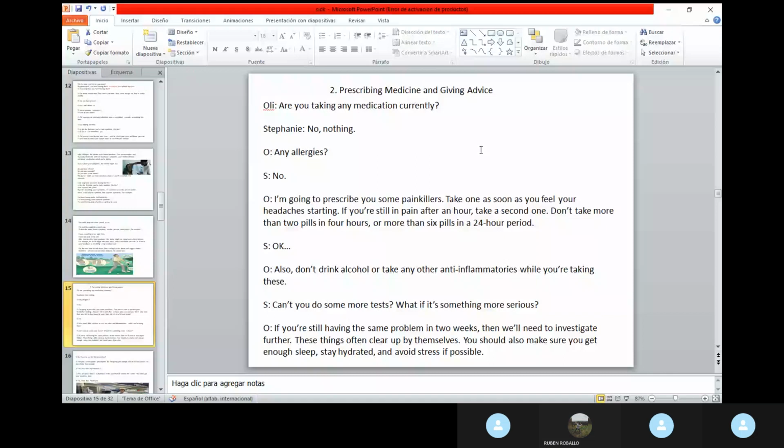Can you do some more tests? What if it's something more serious? If you're still having the same problem in 2 weeks, then we'll need to investigate further. These things often clear up by themselves. You should also make sure you get enough sleep, stay hydrated and avoid stress if it's possible.